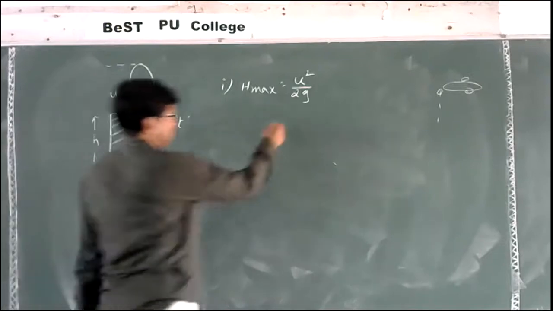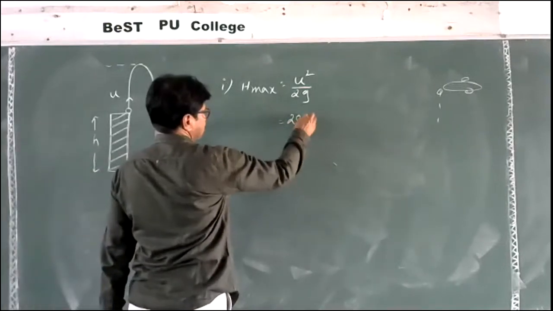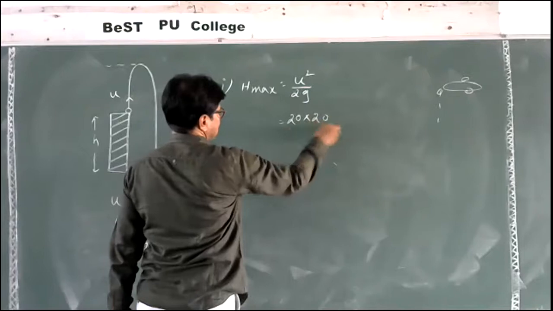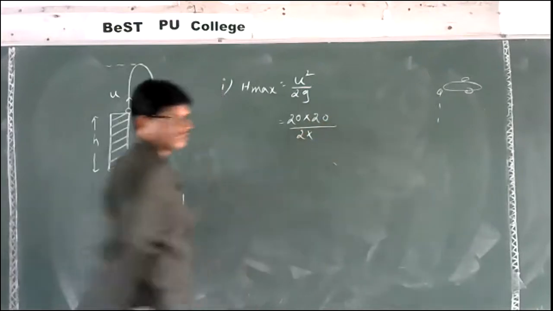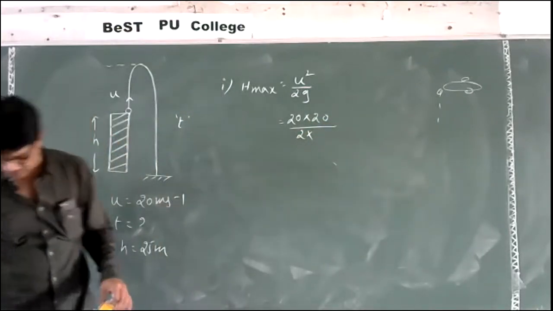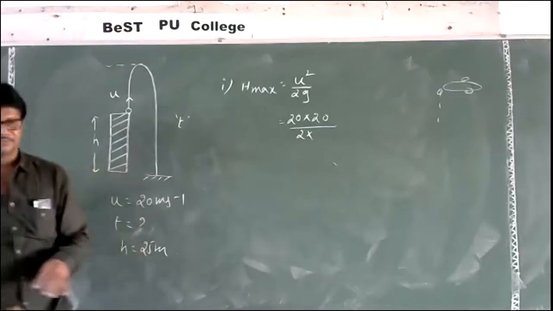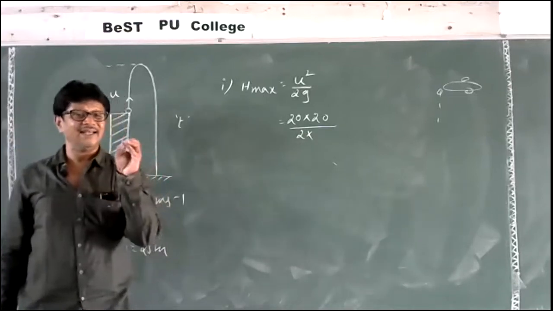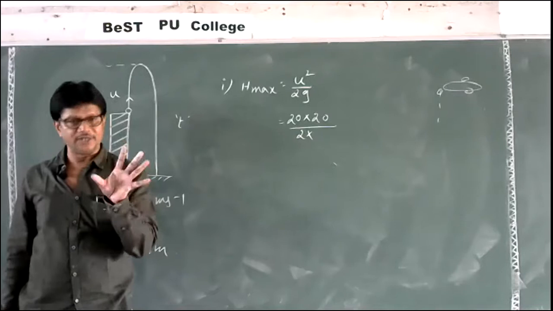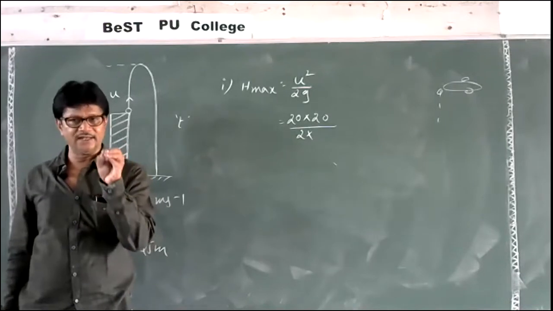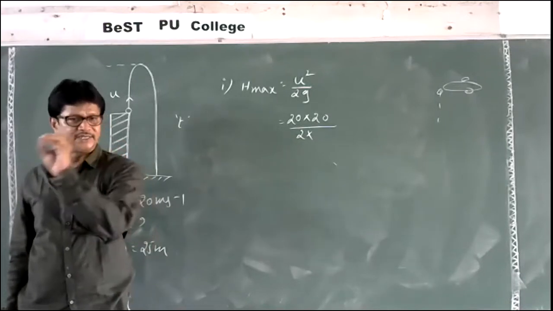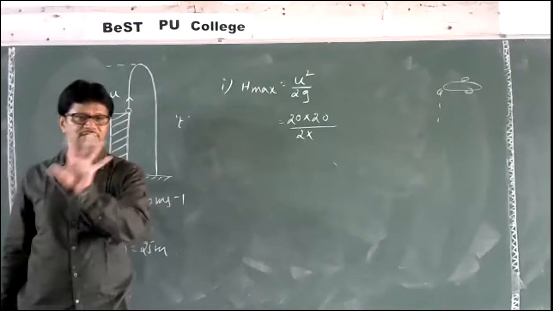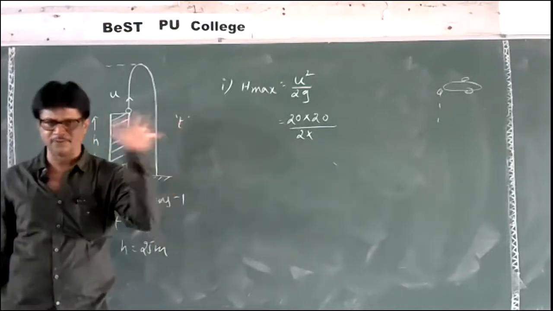Where U is equal to 20, divided by 2, G value 9.8. But until and unless he mentions the G value as 10, we cannot take the G value as 10. You have to take G value as 9.8.